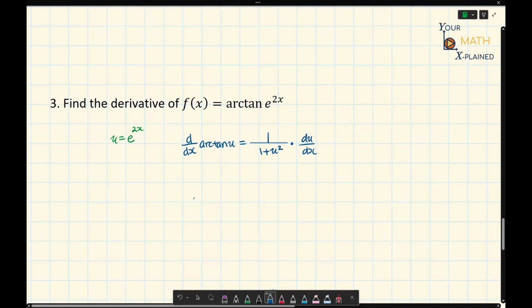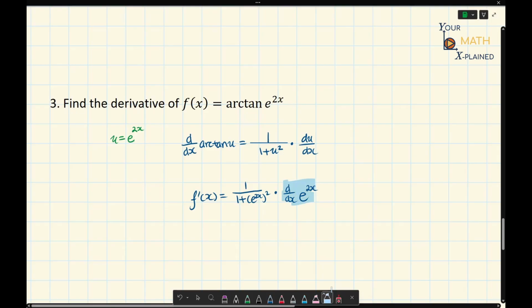So which means here we're going to have f prime of x is equal to 1 over 1 plus e to the power of 2x, squared. And then we multiply this by the derivative with respect to x of e to the power of 2x.